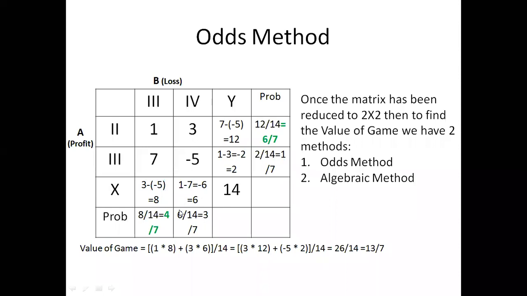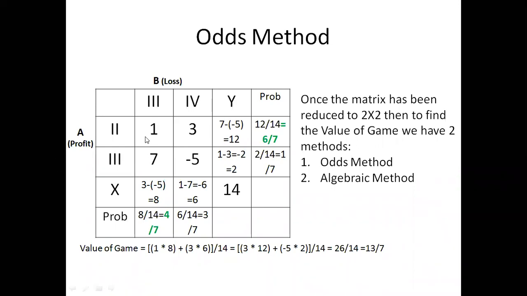The value of game is equal to 1. You consider any row or any column. So let's say I considered the first row. What I do is I multiply the first row entries with the first oddment.